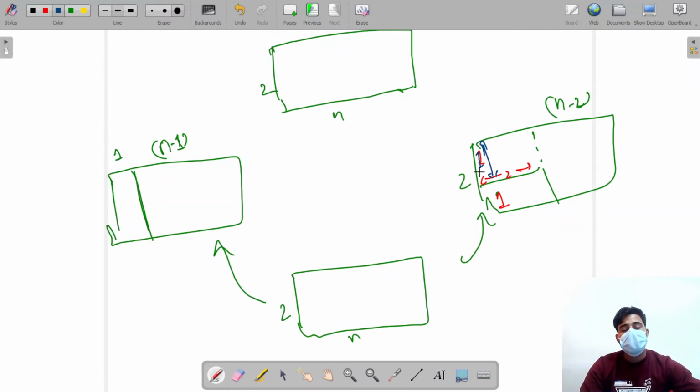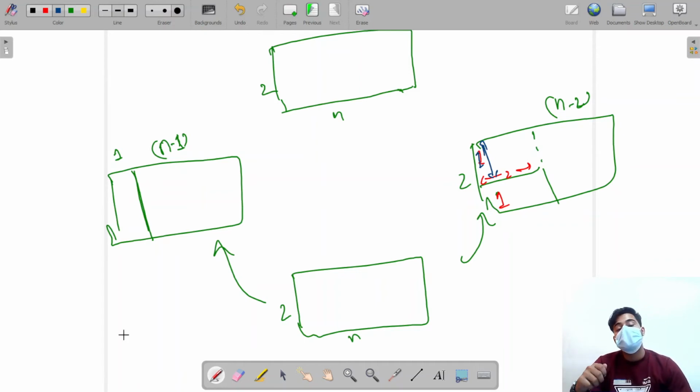This height is 1, on which we need to place something. Here there are two options with which we can place a tile: either horizontally or vertically. But what if I say that we can't place our tile vertically here? When we place our tile vertically, the height of the tile will become 2, but we are only left with a height of 1 in the wall. That means we can't place a tile vertically.